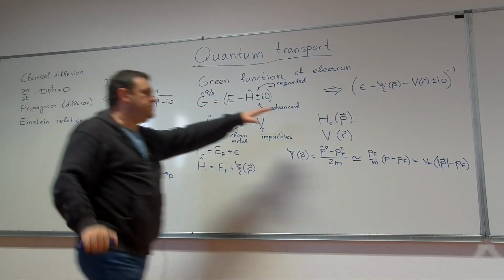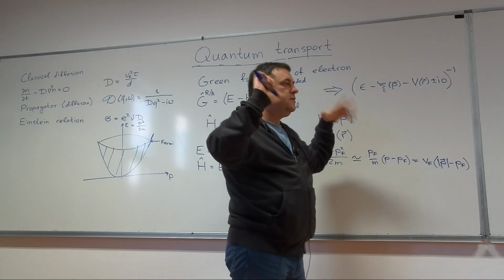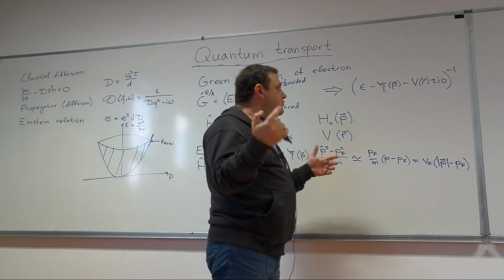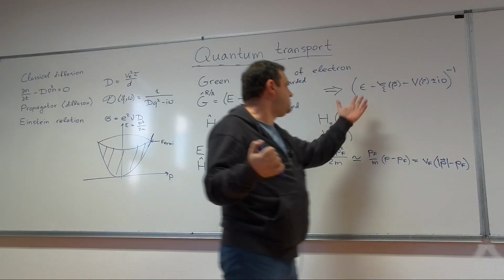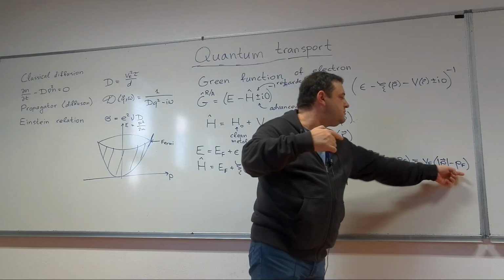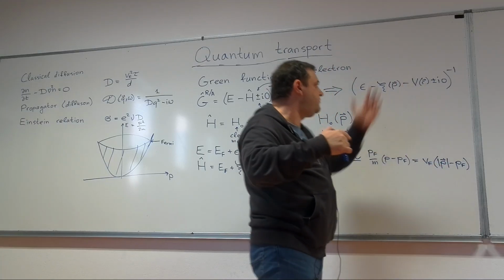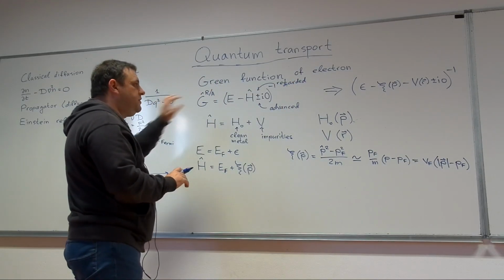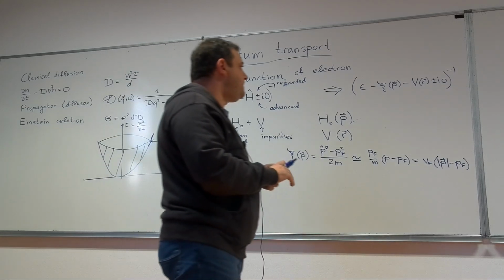Now this expression does not contain any Fermi energy or any non-universal parts. Epsilon is counted from the Fermi level, psi contains only universal parameters, and V is whatever. So this is the proper way to define the green function in a metal.